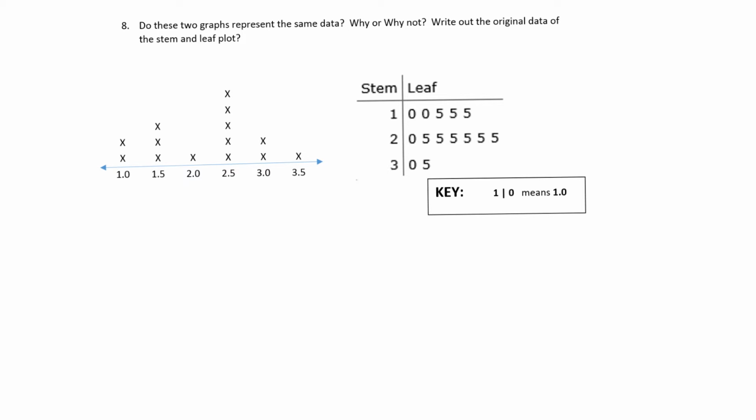In that instance, they just keep adding dots for every time you get one of these values. Well, in the stem and leaf plot, every time you get a value, you put the stem of the value here. You only have to put the stem one time, but then you put the decimal part of the value here, because the key says 1-0 means 1.0.